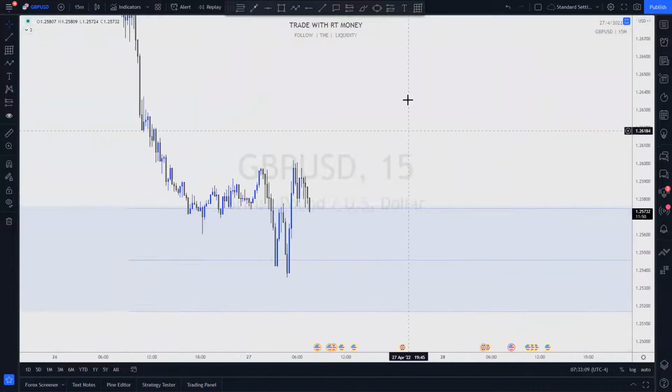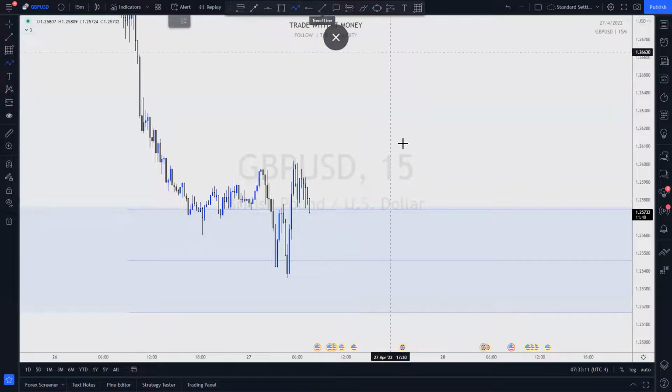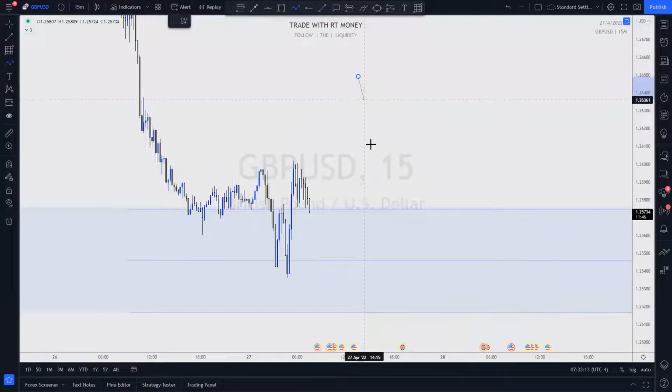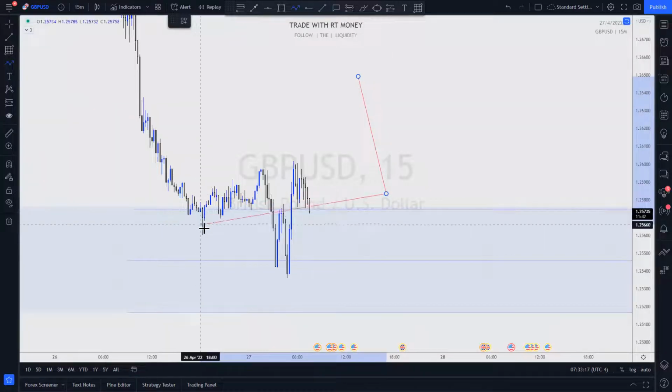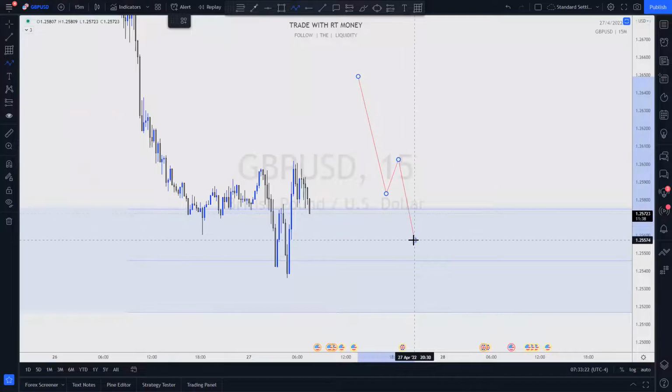All right, what do I need to see? I want to see one thing. I want to see price come into this zone with a low, like it has done here, right? A pullback, a lower low, right? I want to see a commitment to the bias by the market.